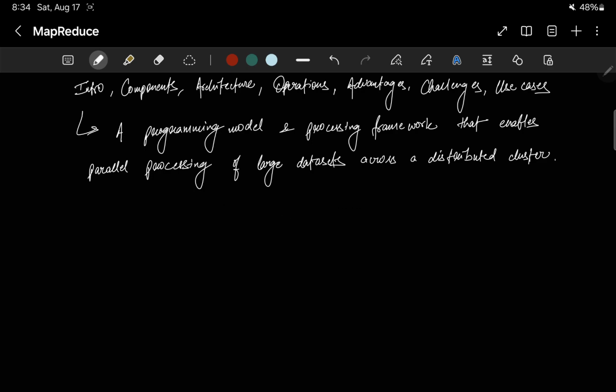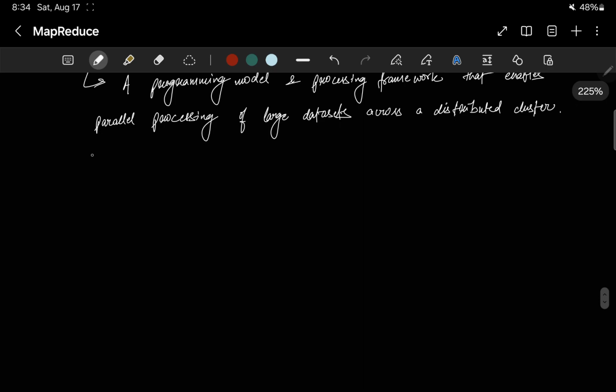Okay. Next, let's move to the components. Components start with the map phase.